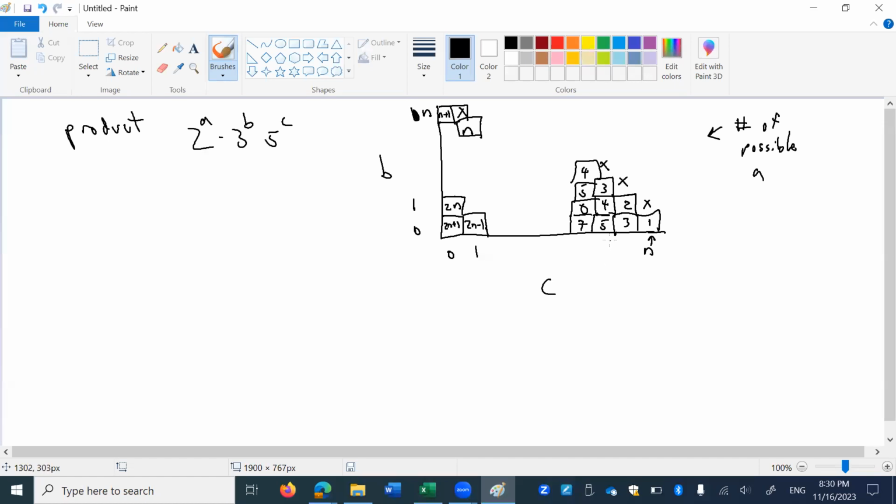And so the way I thought about writing down this product is: I've got 1 from the rightmost column, and then from the next column over, I've got 1 extra in each box. So I've got 2 boxes, 1 extra in each box, and then once I take out the extra, I've got 1 plus 2.